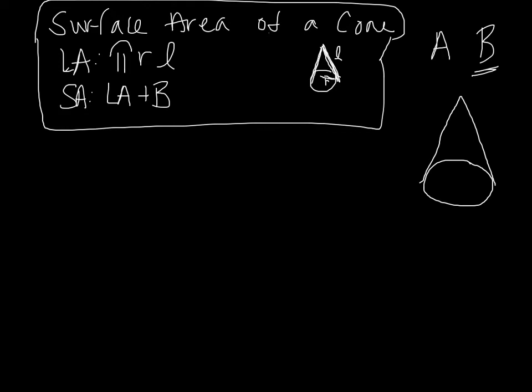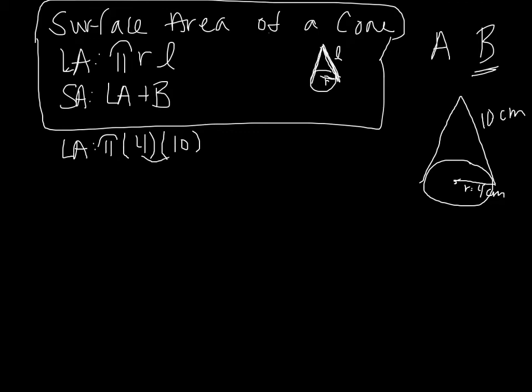Okay, so first I need to know that from the center to the outside, my radius equals 4 centimeters, and the height or the length is 10 centimeters. Okay, so first, to find my lateral area, I need to do pi times the radius, which is 4, times the length, which is 10.